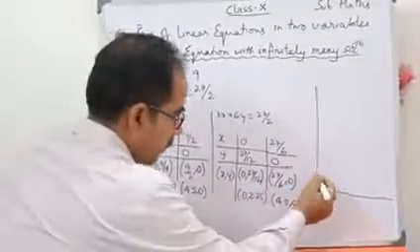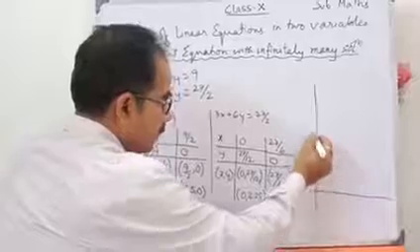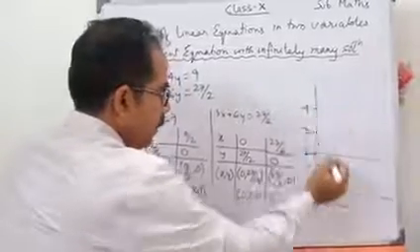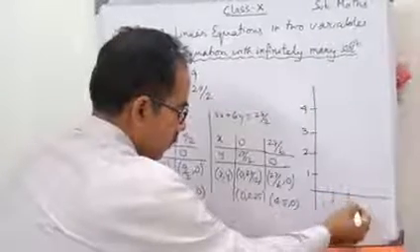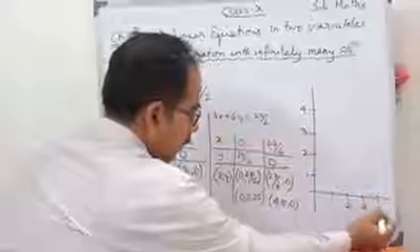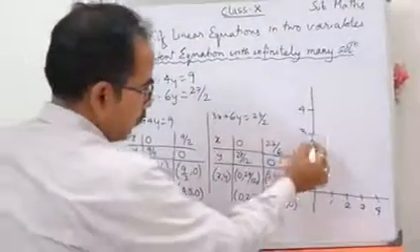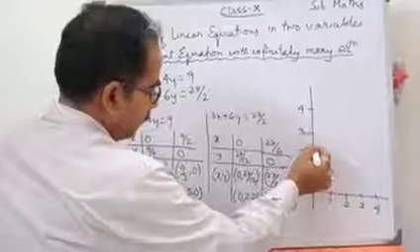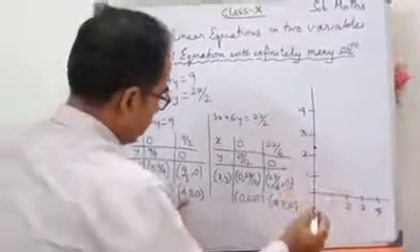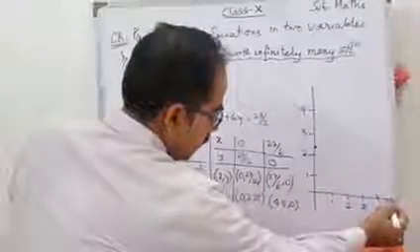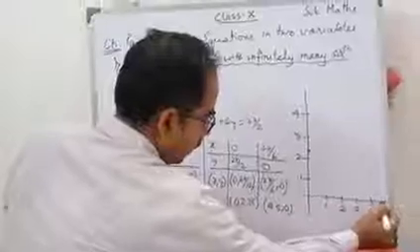So that means if this is 1, this is 2, this is 3, this is 4, this is 1, this is 2, this is 3, this is 4. If I proceed in such a way, 0, 2.25, it will come over here, 4.50 here.